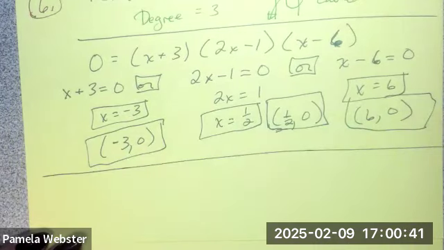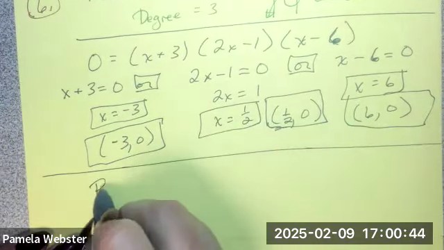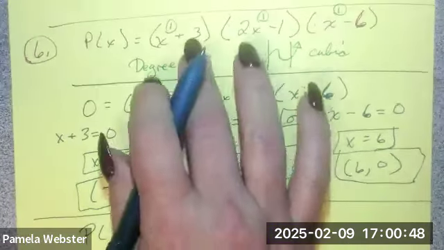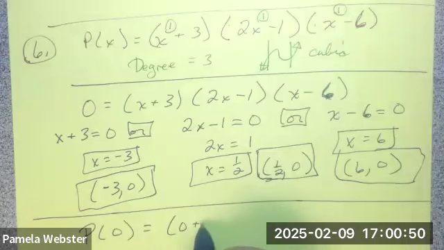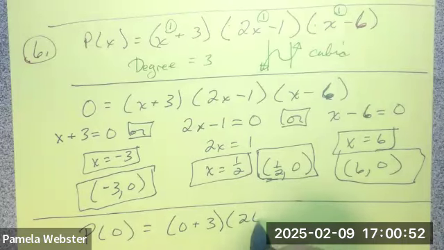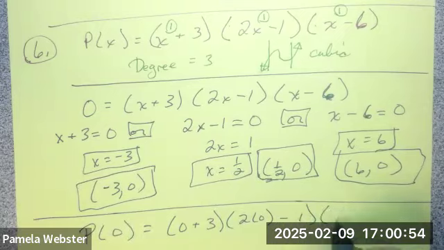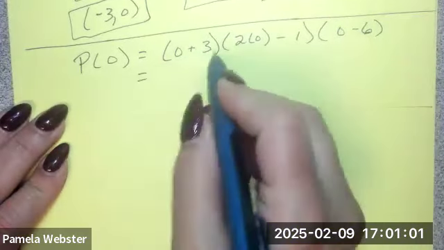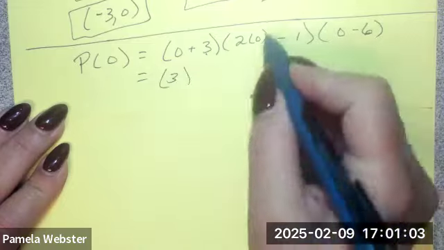I need my y-intercepts, and that just means go in and put in 0 for x, right? So let me come back to this factored form. It's 0 plus 3 times 2 times 0 minus 1 times 0 minus 6 when I plug in 0 for x. So here we go. That's just a 3.